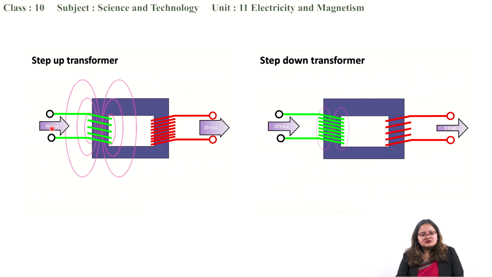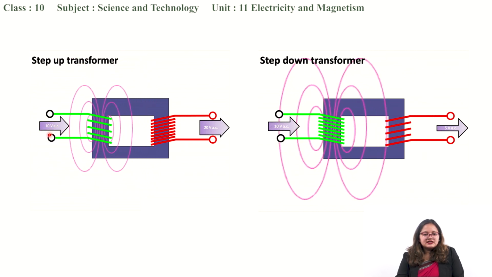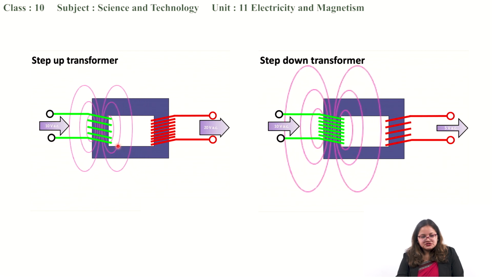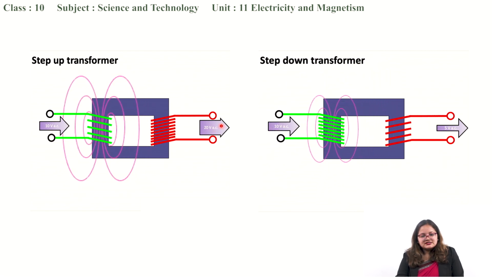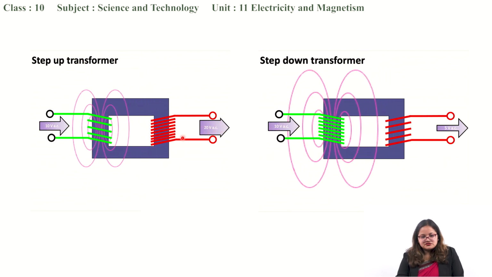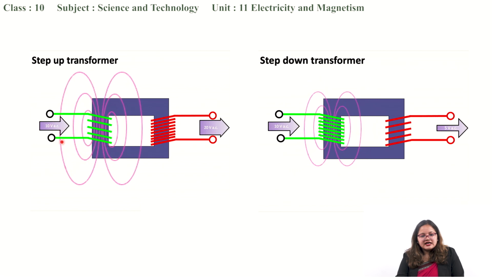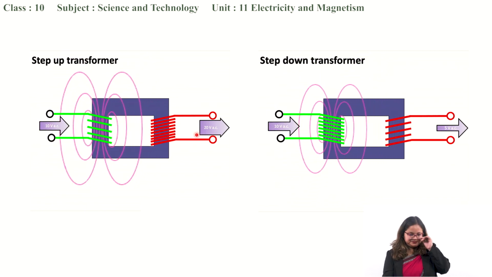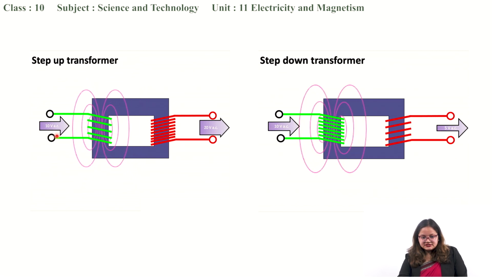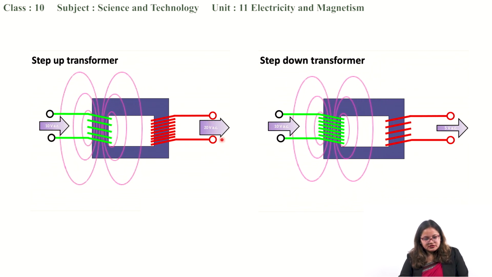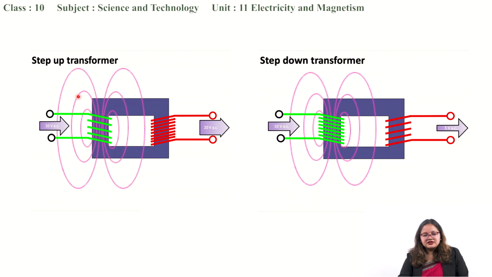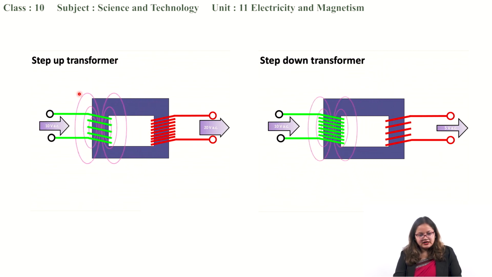The input is 10 volt AC, and you can see the magnetic fields being generated. On the output side of this step-up transformer, you can see it is greater than the input voltage. It is 20 volt AC. The input is 10 and the output is 20 volt, so obviously the voltage has increased from the primary coil to the secondary coil.